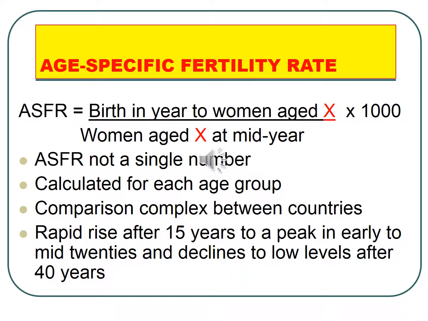Age-specific fertility rate is not a single number as it is calculated for each age group. These indices capture the different fertility rates among different age groups. The age-specific fertility rate rises rapidly after 15 years old to peak in the early to mid-20s and declines to low levels after 40 years.